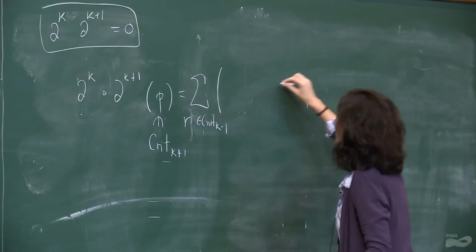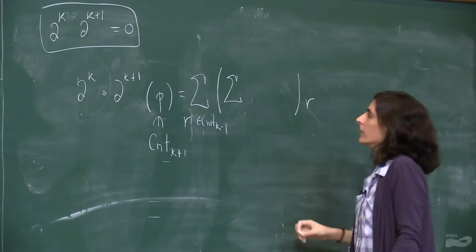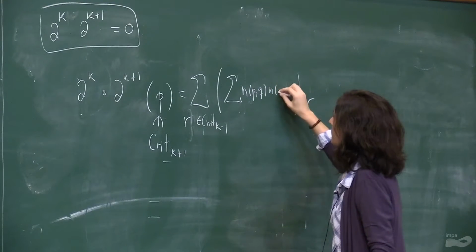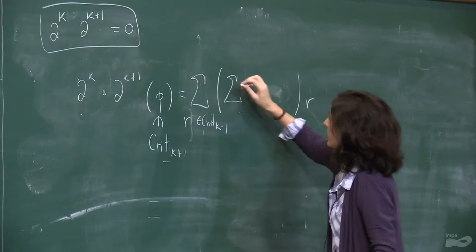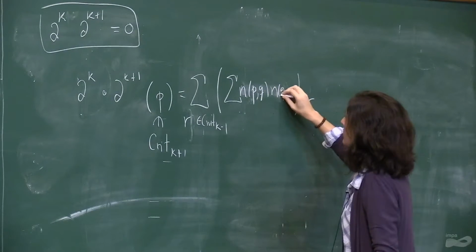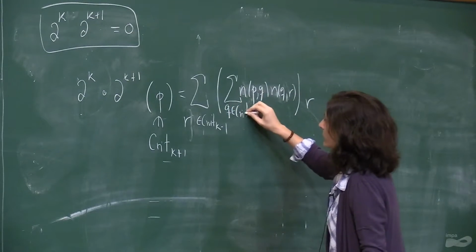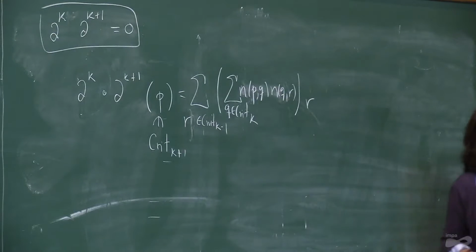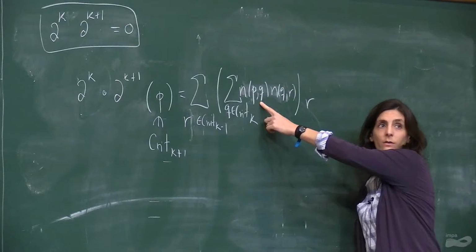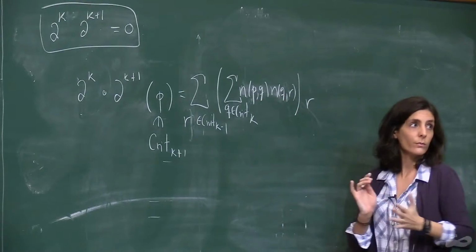And the coefficient here is the sum of N_PQ times N_QR, where Q runs over the critical points of index K. So here I'm counting trajectories from P to Q. Here I'm counting trajectories from Q to R. Okay, so multiplying that.